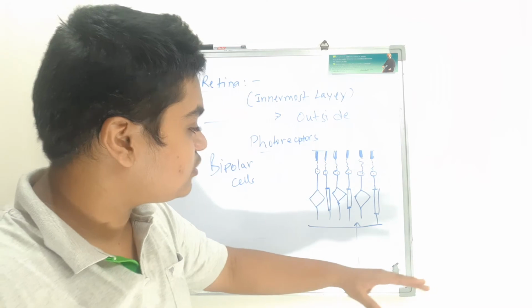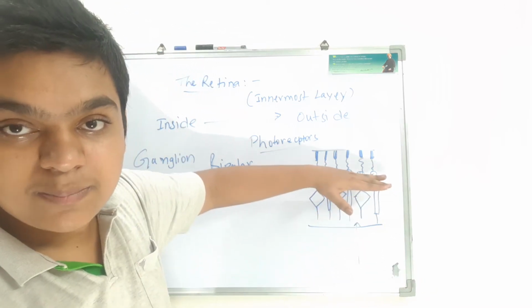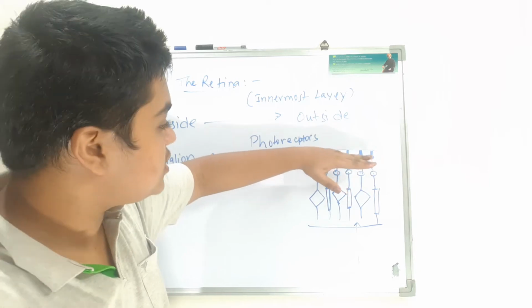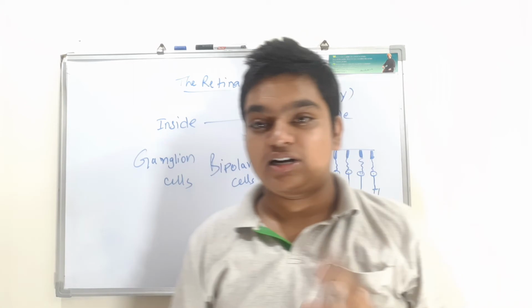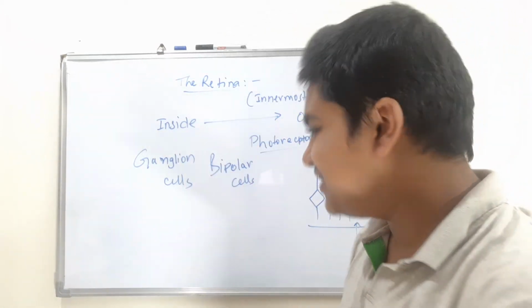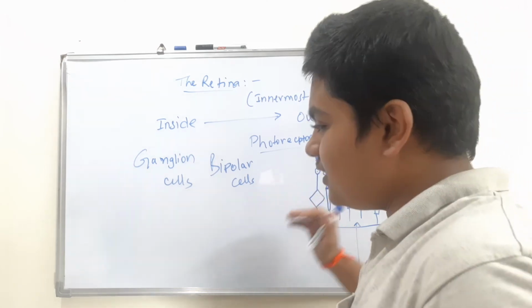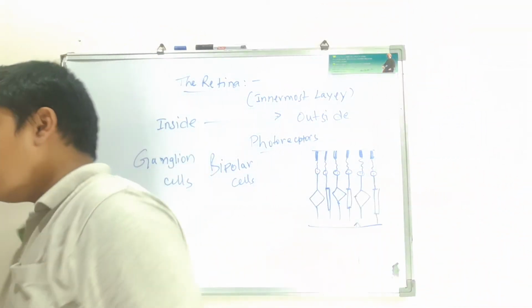They conduct through the bipolar neurons and ganglion cells to the brain. You have to understand this. These are the three types of cell layers present in our retina.